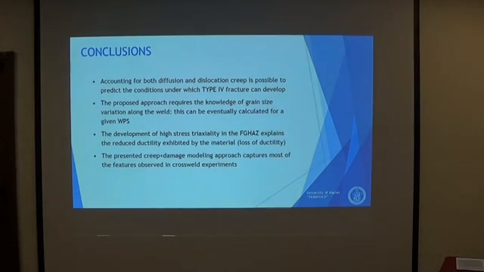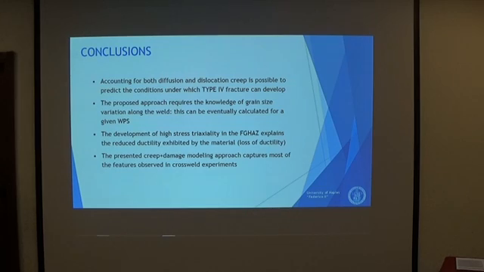In conclusion, accounting for both diffusion and dislocation creep, it's possible to predict the conditions under which type IV fracture can develop. The proposed approach requires the knowledge of grain size variation along the weld, and this can eventually be evaluated by a given VPS.